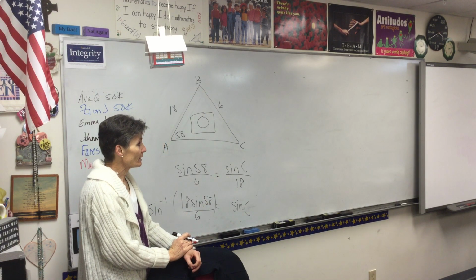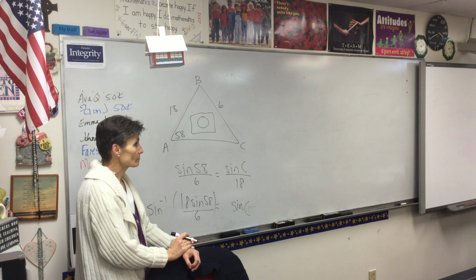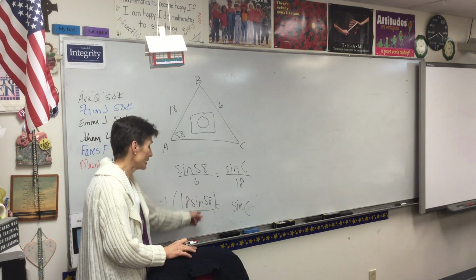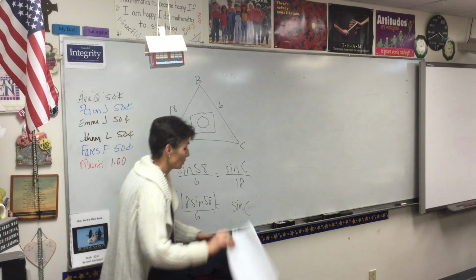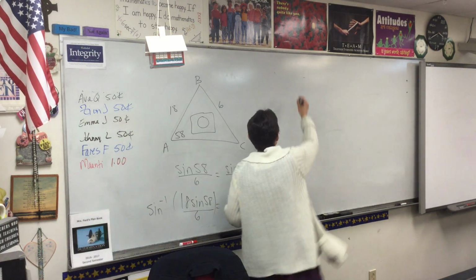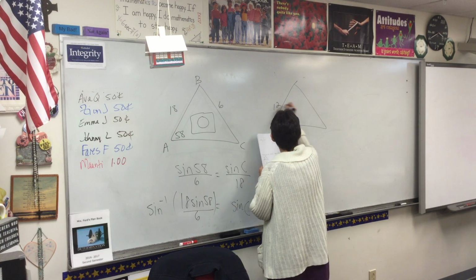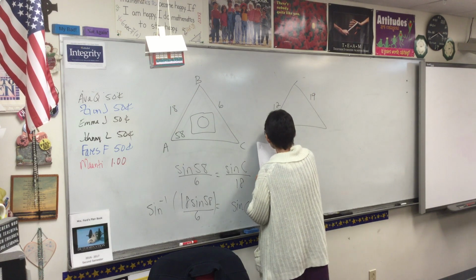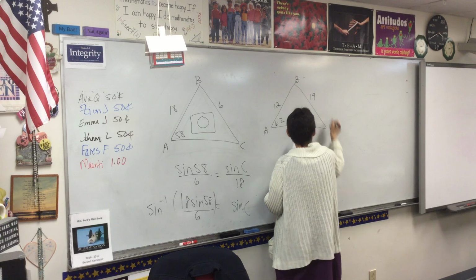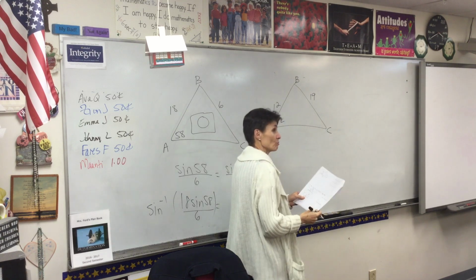Did everyone get an error? Yep, this number's too big, so the second sine won't handle it. All right, let's try the next one. Now, are we going to do the same thing? Yes, we're going to do the same thing 3 times.